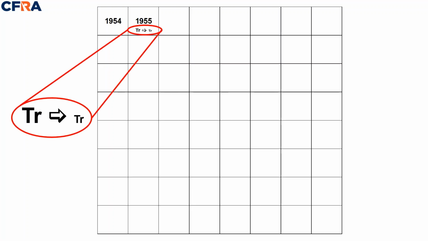So we set the first square on the chessboard to 1954, which was the year of the first commercially available transistor. And then in each subsequent square, we put the year that transistor density doubling occurred.